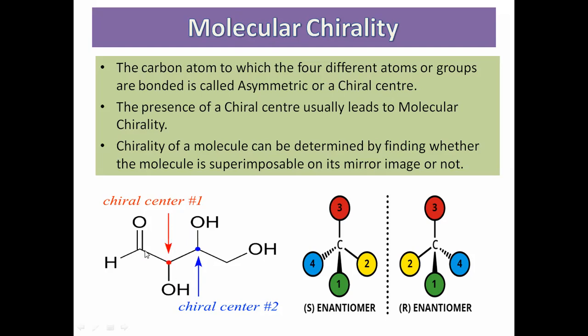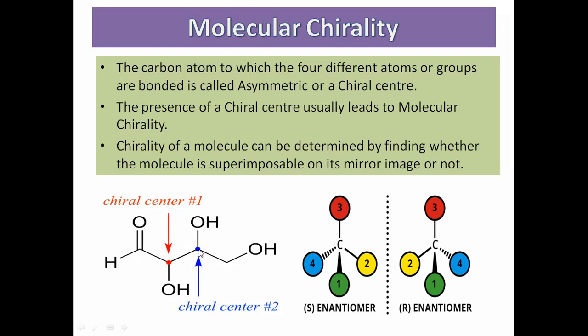Because on the left side it is attached to the double bond with H, here it is attached to OH, then here it is H, and on the right hand side this part is there. So this carbon is attached to four different groups. So in this molecule, this is one chiral center.